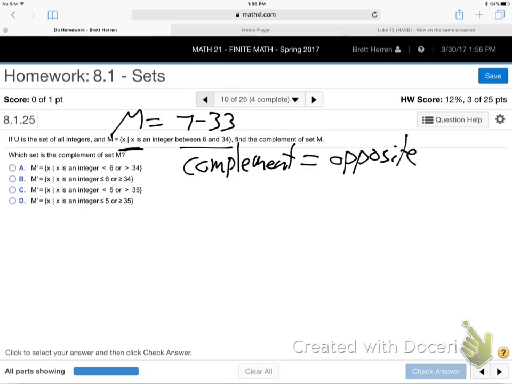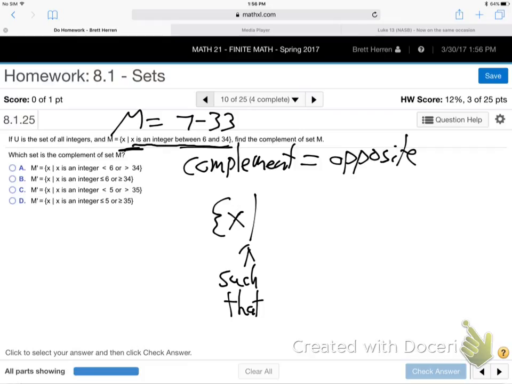That's just called set builder notation. Whenever they write that, it means the set of all X such that. The straight line actually is a shortcut for the words such that. But anyway, I'm not going to test you on that. You don't need to worry about all that. Just read the words. X is a number between 6 and 34. So we don't include the 6. We don't include the 34 because that's what they mean by between.